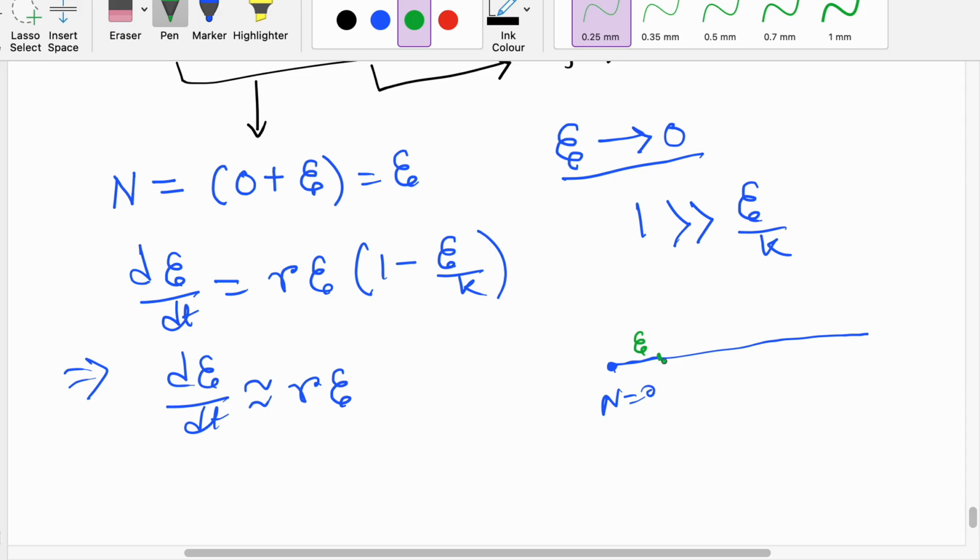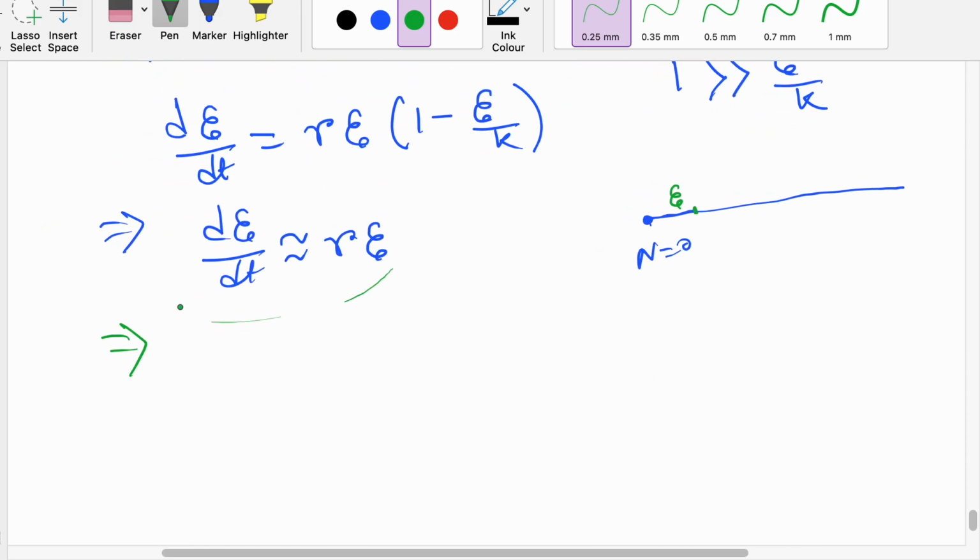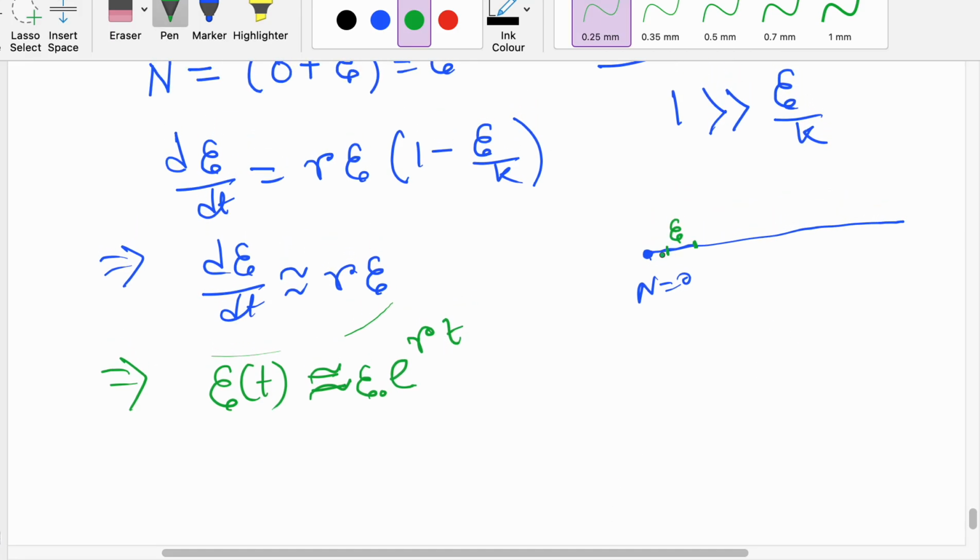How will this change? d epsilon/dt is proportional to r epsilon, and if we solve this equation, epsilon(t) will become epsilon 0 e to the power r t. Now you see, if we start from very near N equal to 0, the population will increase exponentially.